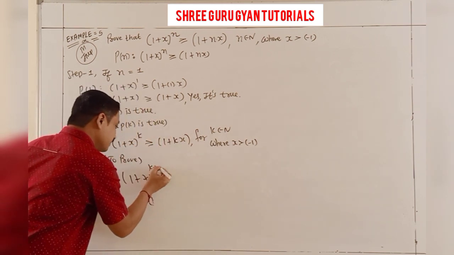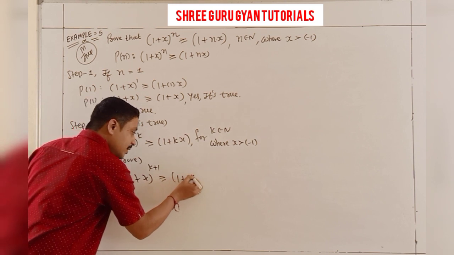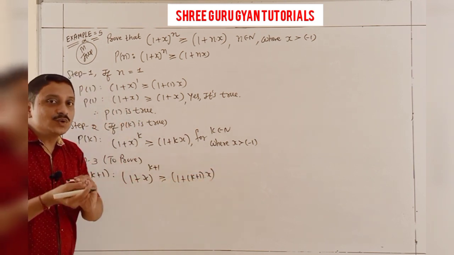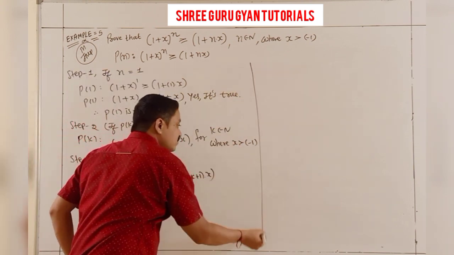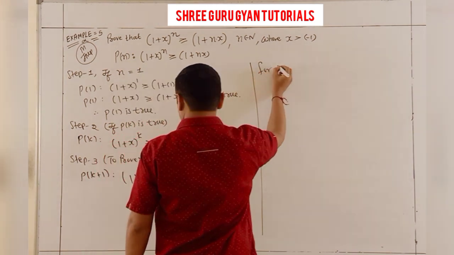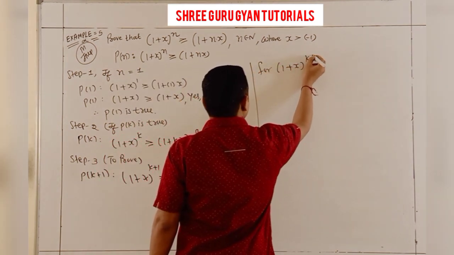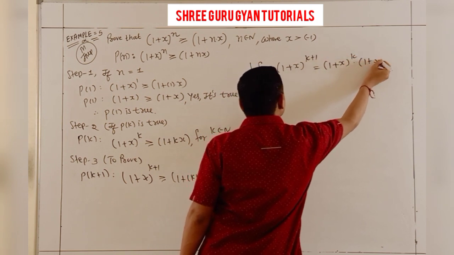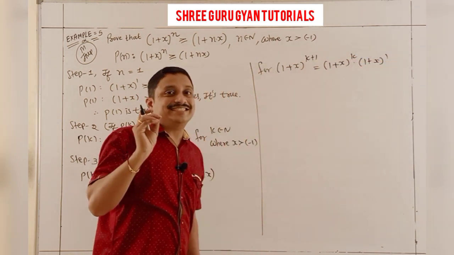Here: 1 plus k plus 1 into x. And now I start slowly my proving. So here I start: 1 plus x raised to k plus 1. Can we write it as raised to k and raised to 1? Yes, definitely.